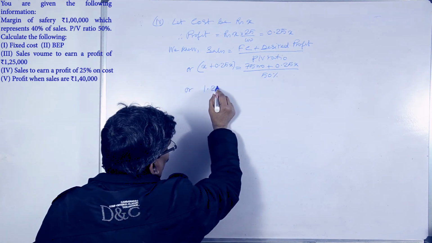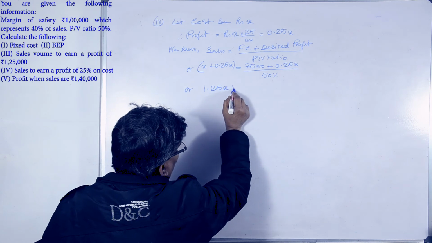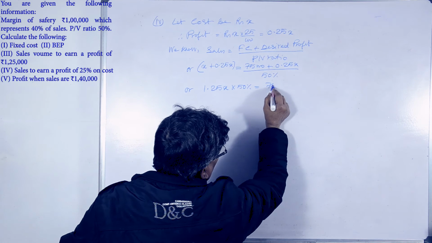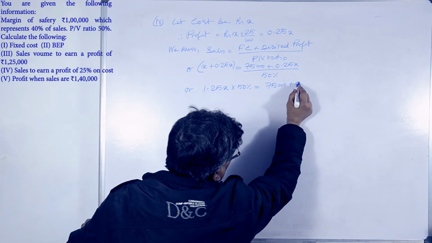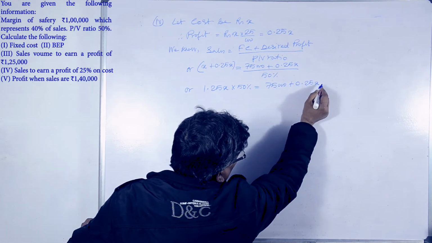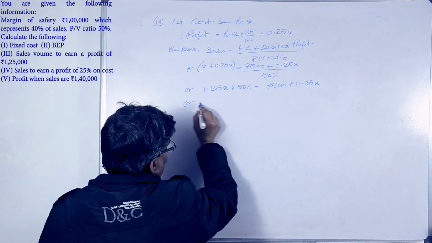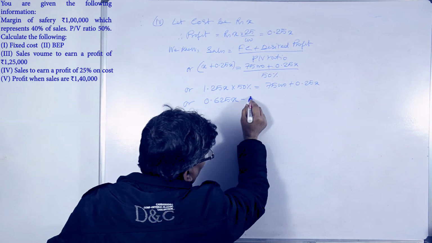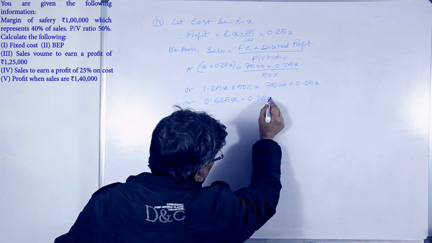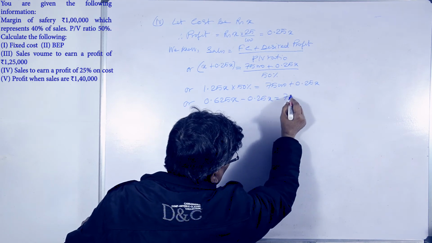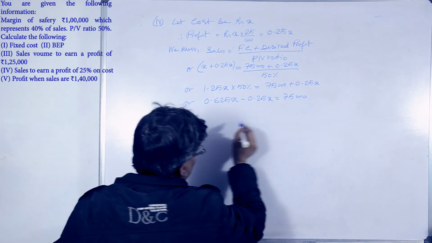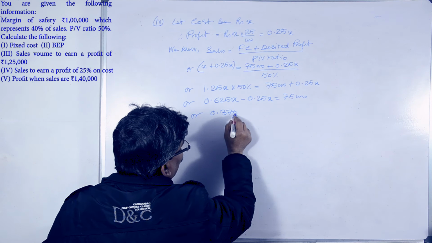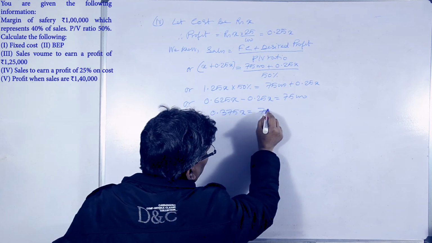or 1.25X into 50% equals to 75,000 plus 0.25X, or 0.625X minus 0.25X equals to 75,000, or 0.375X equals to 75,000.